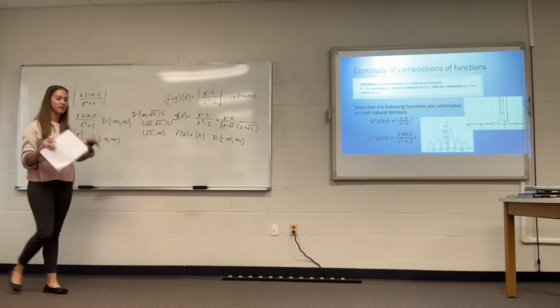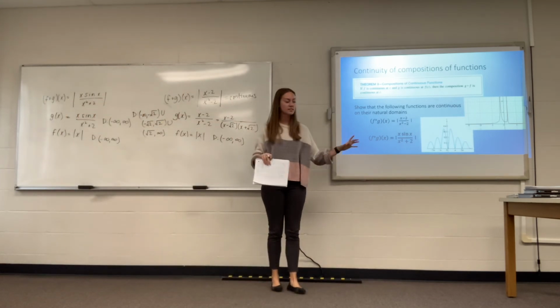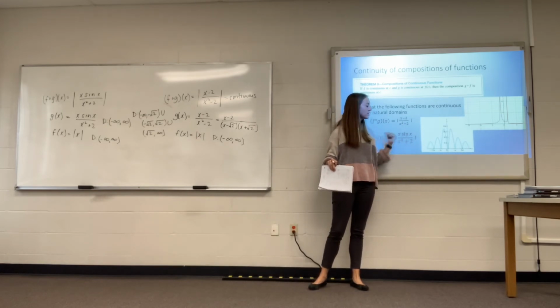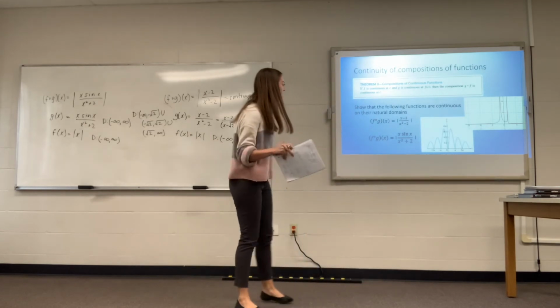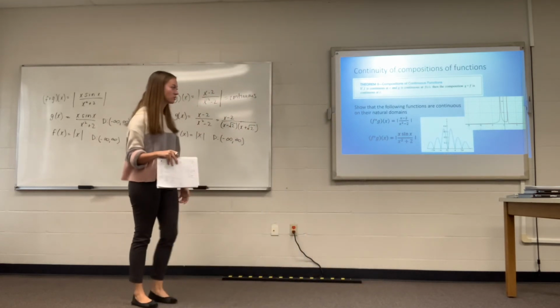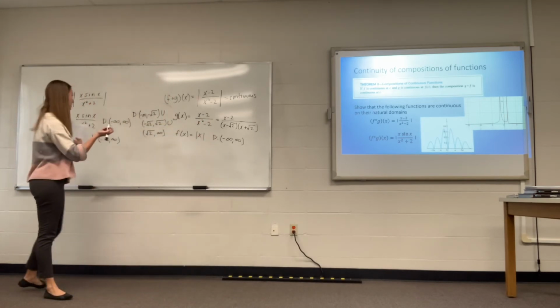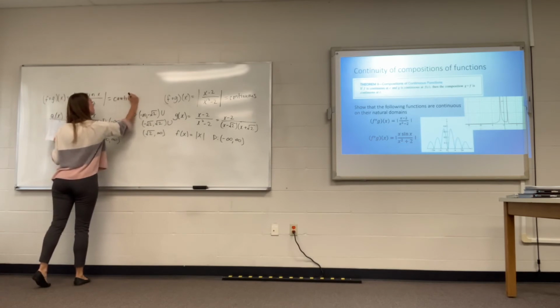Those are my natural domains that I'm starting with. And then when I put the one function inside the other function, I get this graph right here, which is going to keep going out, and its domain is from negative infinity to positive infinity. So there's no asymptotes, nothing weird. So this one is also going to be continuous. Okay, so I can say that this one is continuous.